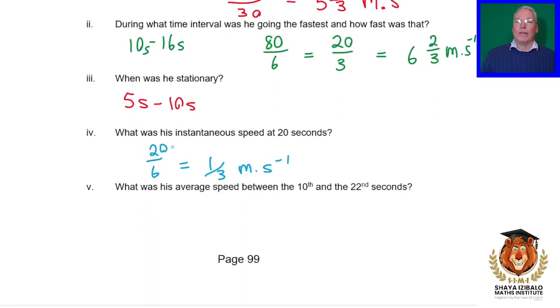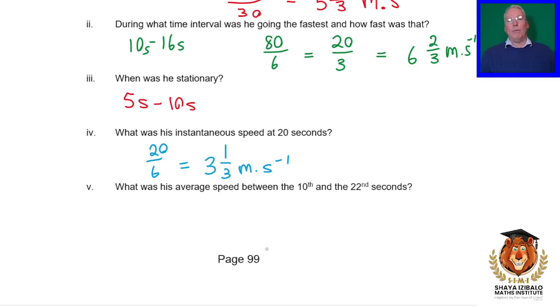Sorry, 20 over 6 is 3 and 1/3 meters per second.